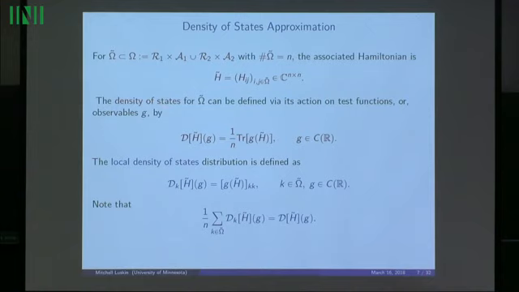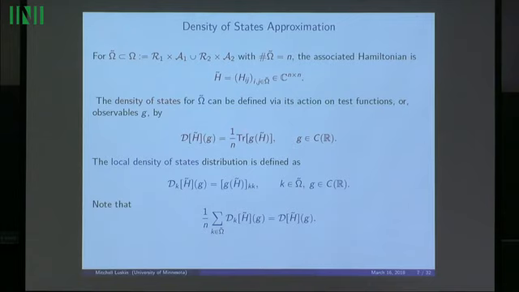Density of states is what it is: you put the eigenvalues on a line, and the density is a sum of delta functions at those points. We can define that weakly by taking any continuous function g of the operator, taking its trace, and dividing by n. It's convenient to talk about density of states in this weak form.